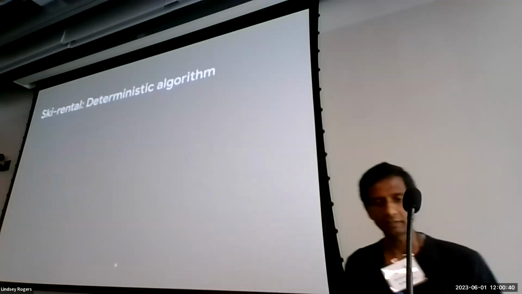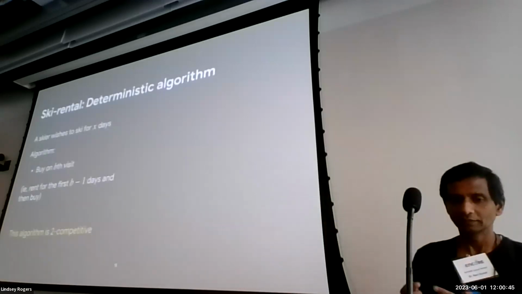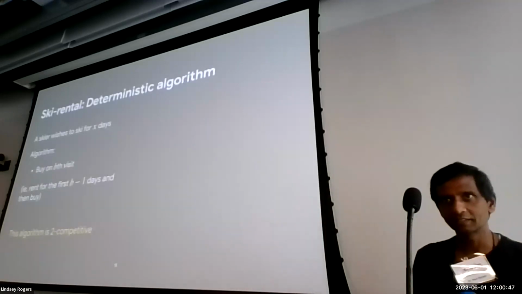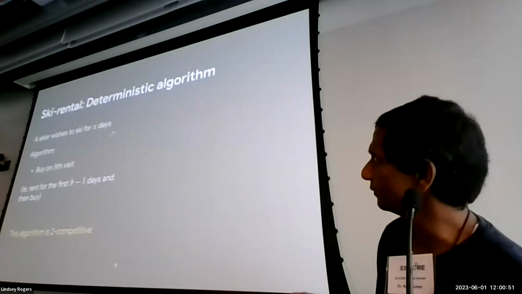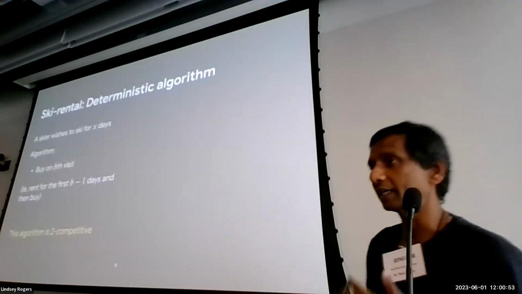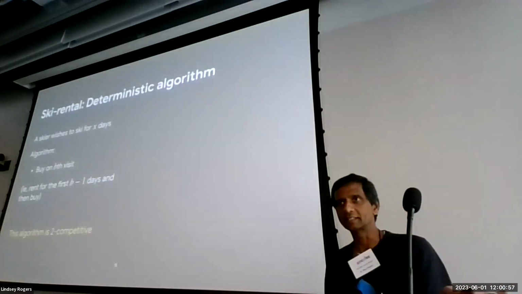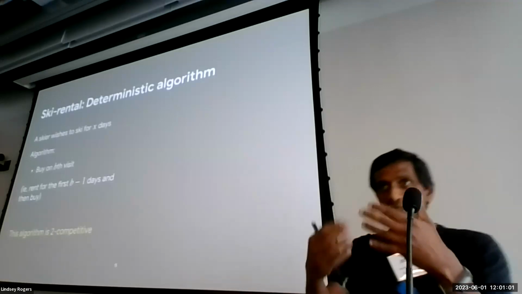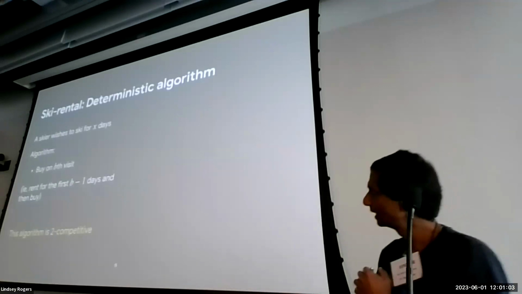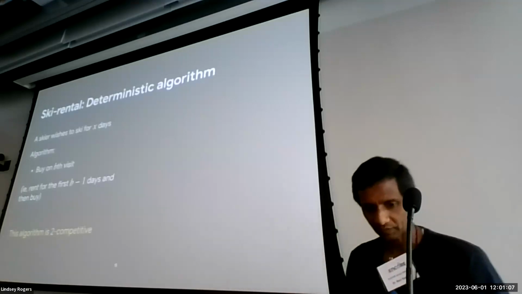That's the uncertainty here. And there's a classic deterministic algorithm that solves this problem in an approximate sense. If the skier wishes to ski for X days, they buy the skis on the 7th day, when the skis cost $7, and they rent for the first 6 days.